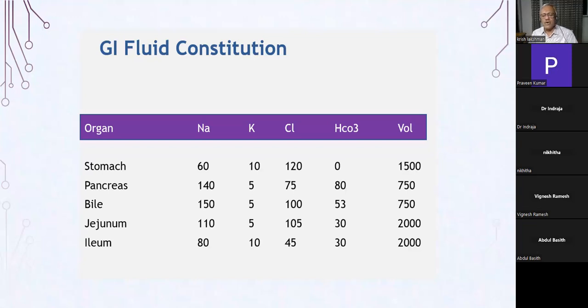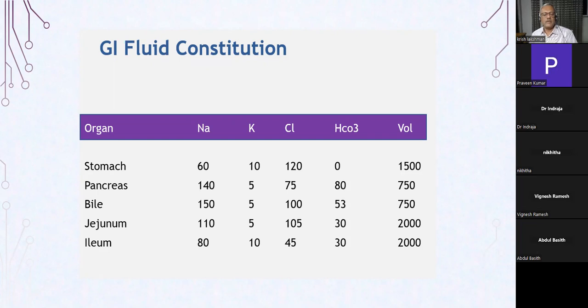You don't have to mug this up, but this information is available everywhere. If you know how much is lost, say 1.5 liters, that means 150 plus 75 milliequivalents of sodium, not a lot of potassium, but a considerable amount of chloride. So you know how much you have to replace.